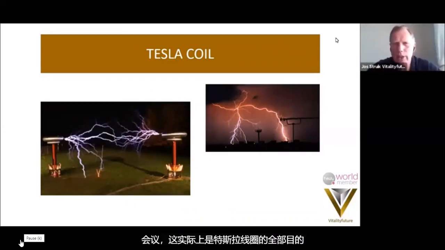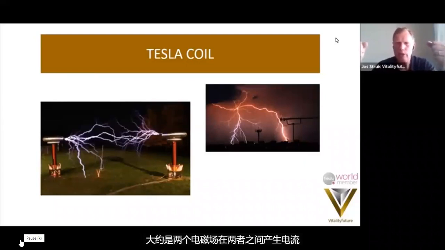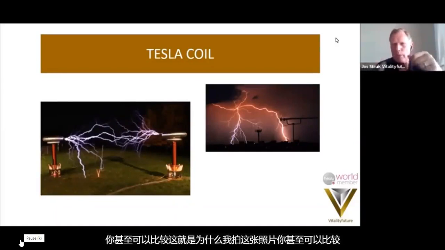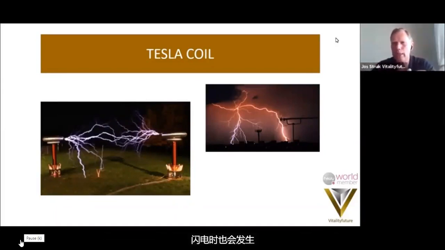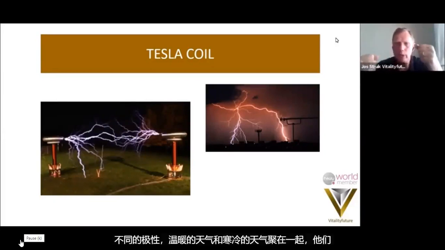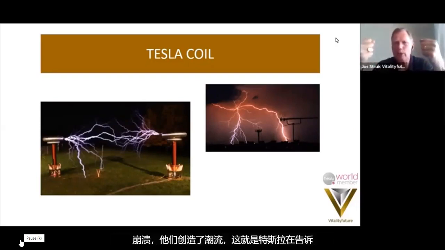This is what the Tesla coil is all about: two electromagnetic fields creating a current in between. You could even compare it with lightning. Lightning also occurs when different polarities, warm weather and cold weather, get together and collapse and create a current. And that is what Tesla was telling about.